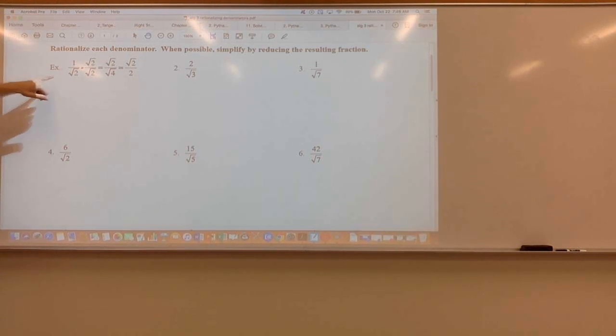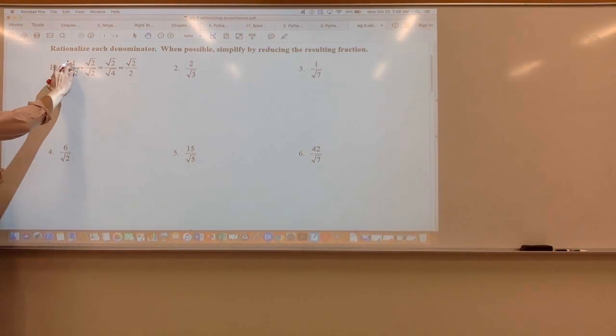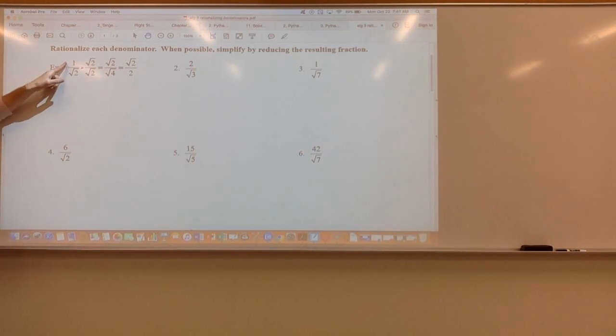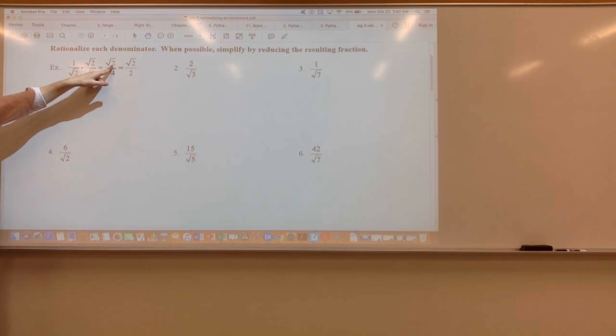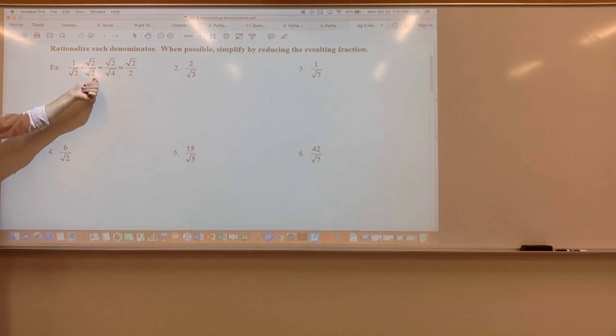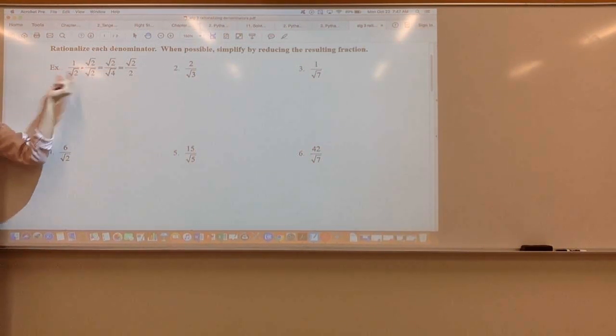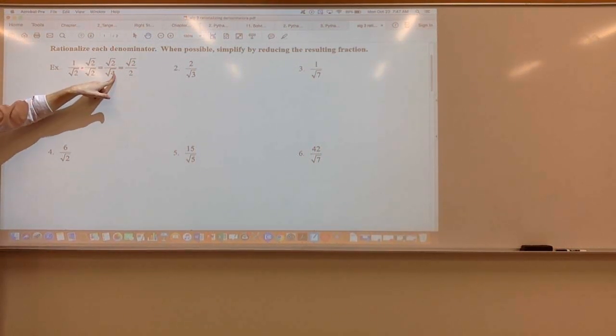So here, what we're going to do is just multiply top and bottom of the fraction by whatever that root in the denominator is. When we do that, remember to multiply fractions, we just multiply straight across. So here, 1 times the square root of 2 is just the square root of 2. The square root of 2 times the square root of 2, I can multiply whatever's on the inside of the radical. So that would give me the square root of 4.